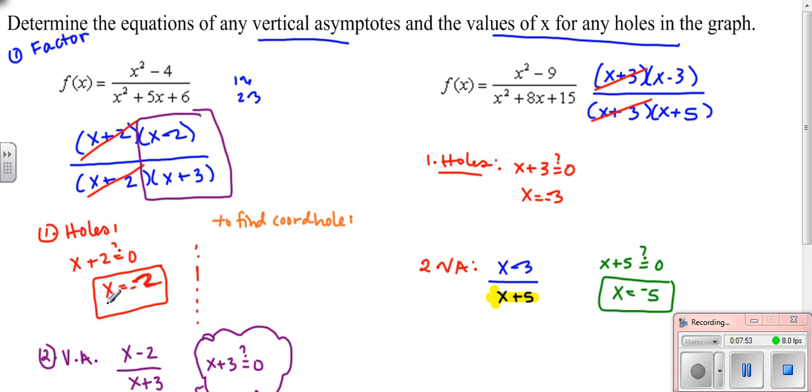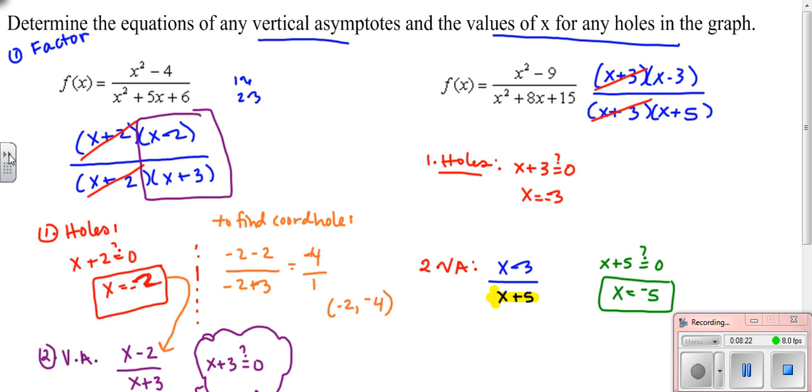You let x equal negative 2 in this equation. So negative 2 minus 2 all over negative 2 plus 3. And so I'm going to get negative 4 over 1. And so that means my coordinate where the hole is at negative 2, negative 4. So now I know exactly where it is.